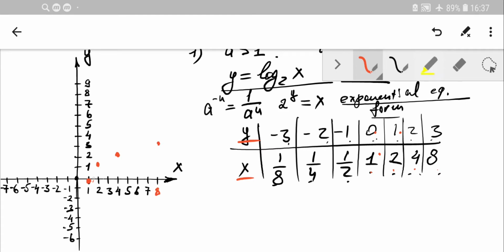So it looks like your curve tends to bend towards the x-axis, but it's still rising. So we'll get a still rising curve that goes in this way. All right, so that's the logarithm.